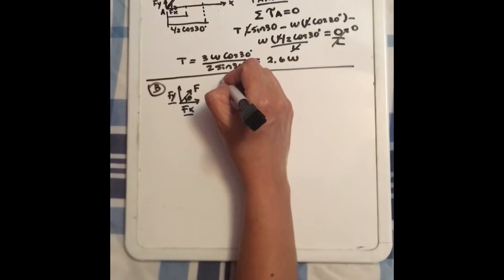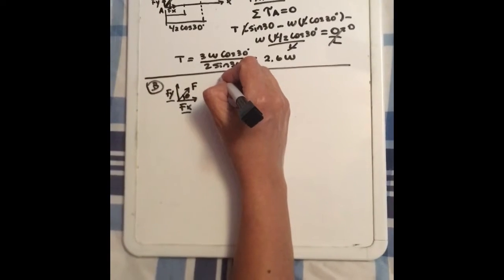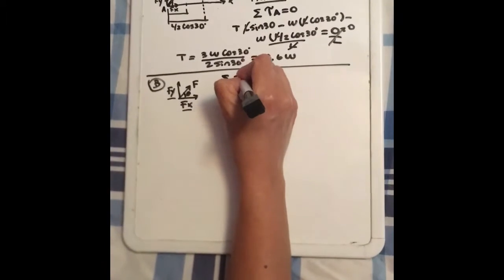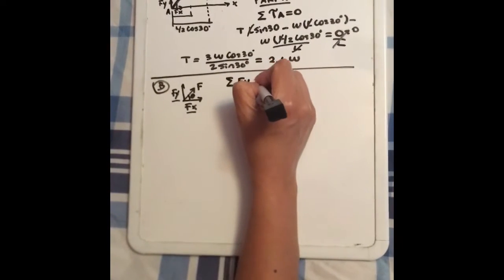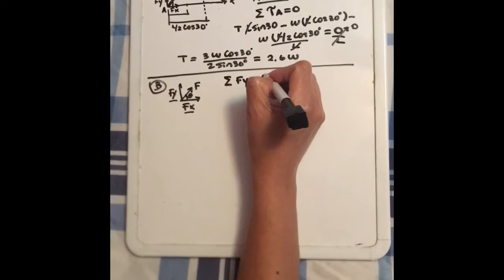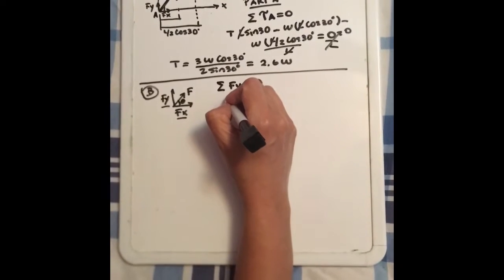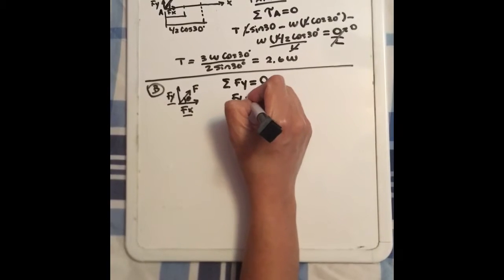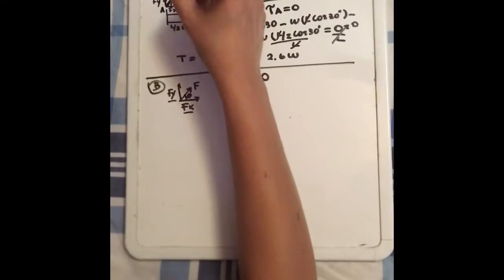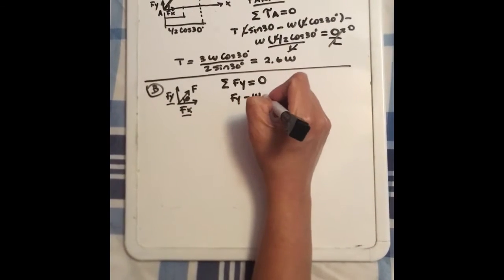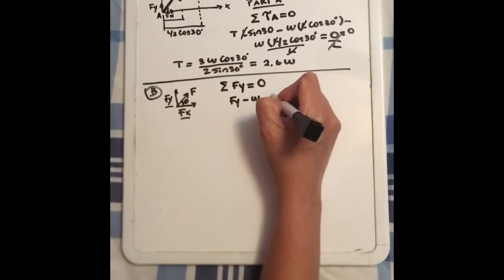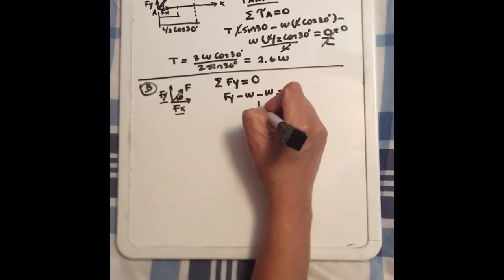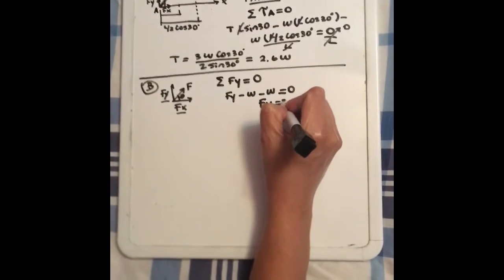We know that the system is in equilibrium, so the sum of the forces in the y direction is equal to 0, and there is just this component f of y minus this weight minus the other weight equals 0, which gives f of y equals 2W.